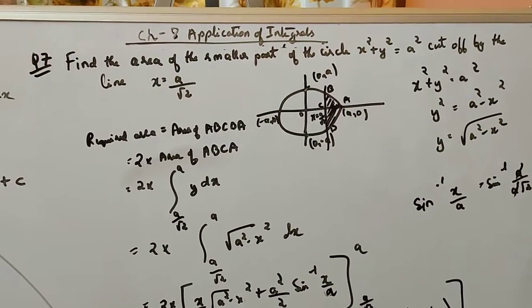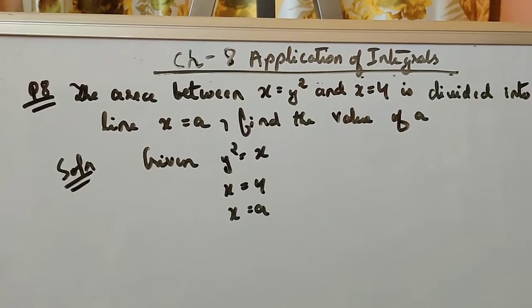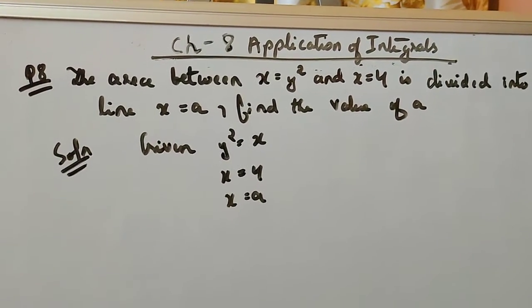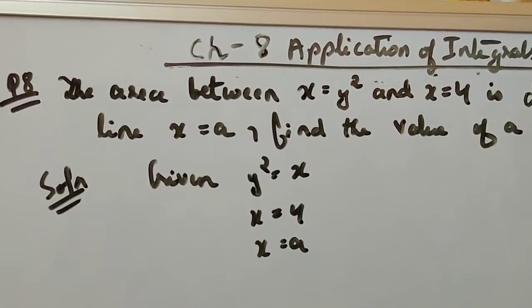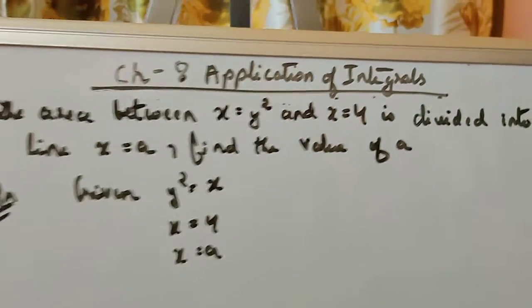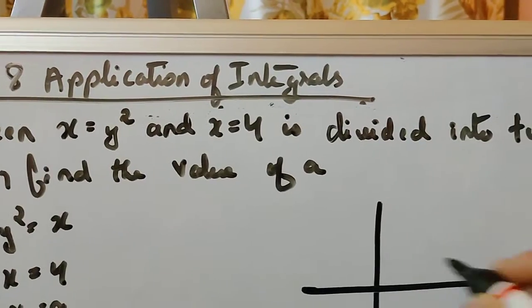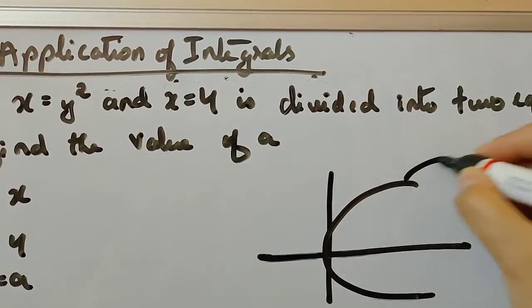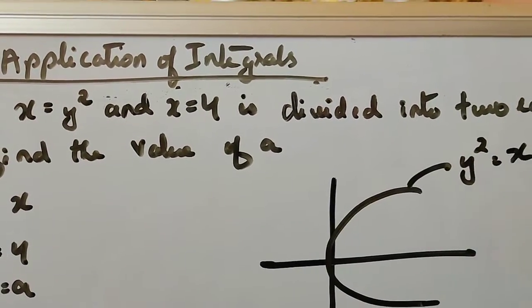So I hope this is clear to you. Now the next question: the area between x equal to y square. So write nicely, given y square is equal to x, that is the equation of a parabola. So you draw the parabola, it will be this way. This is your y square is equal to x.